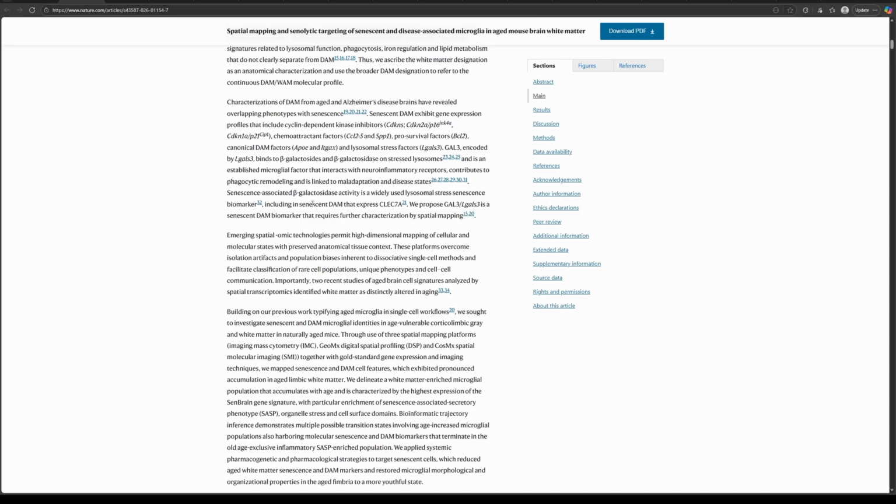They also found that these microglia can cause cells to go into different cell fates, which all share this same property of expressing senescence-related genes and proteins, specifically GAL3.